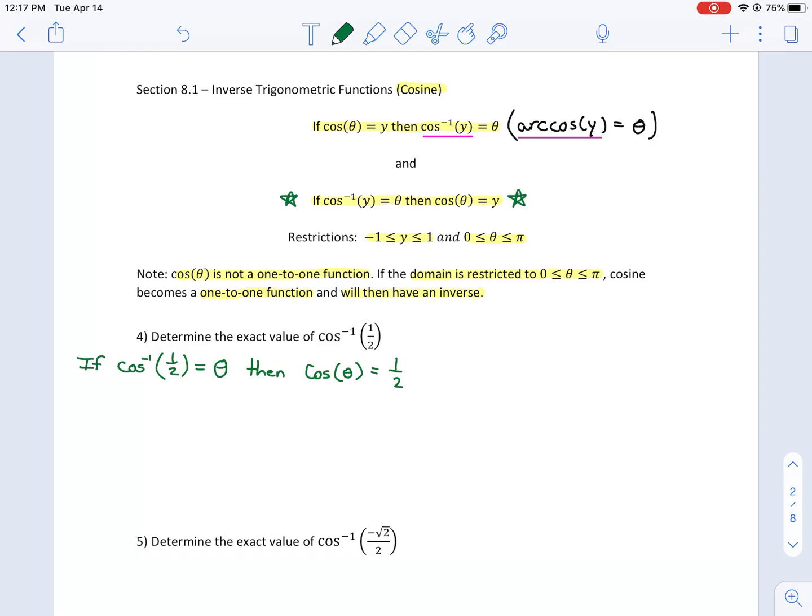And if you look at the unit circle, there are two angles that satisfy this equation. That would be theta is equal to pi thirds and theta is equal to 5 pi thirds.